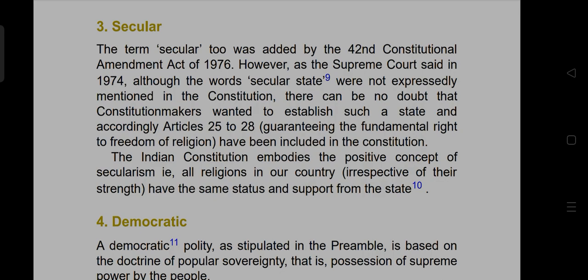The Indian Constitution embodies the positive concept of secularism, that is, all religions in our country, irrespective of their strength, have the same status and support from the state.